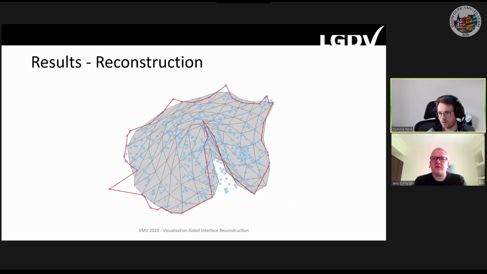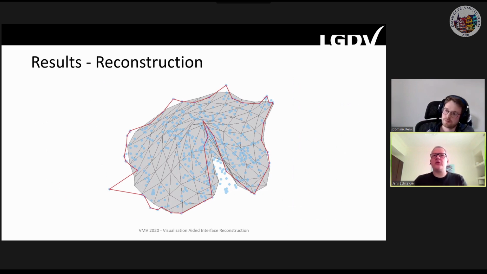There are sometimes also 1D structures in there, so lines of atoms. And for them, it would maybe be interesting to use anisotropic ones if you know that they're in a particular direction. I mean, one option could be that you do a two-pass. So you first extract the surface, and then you align the kernels with it to improve the fidelity or something like that. That would be a good idea, for example.